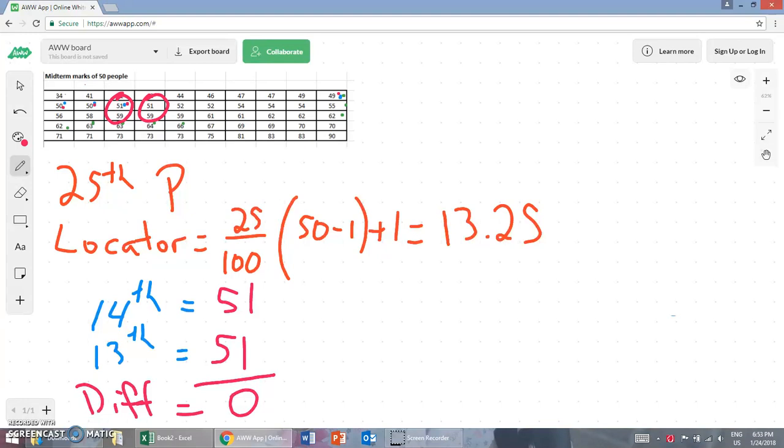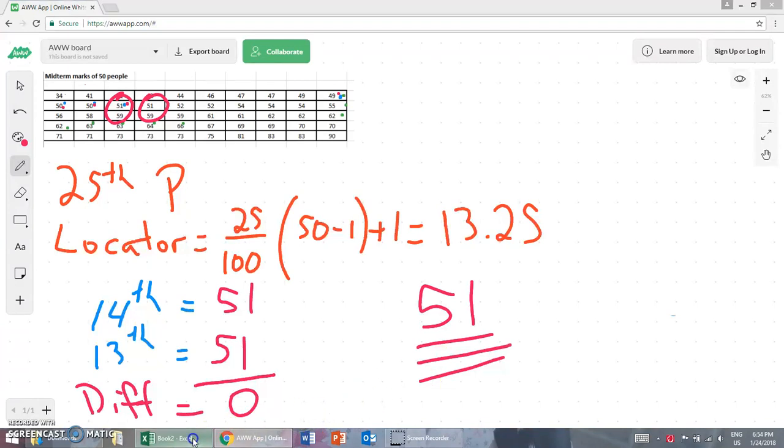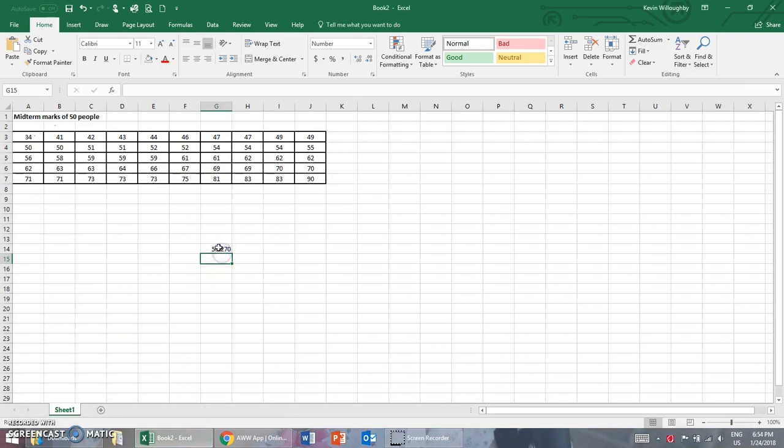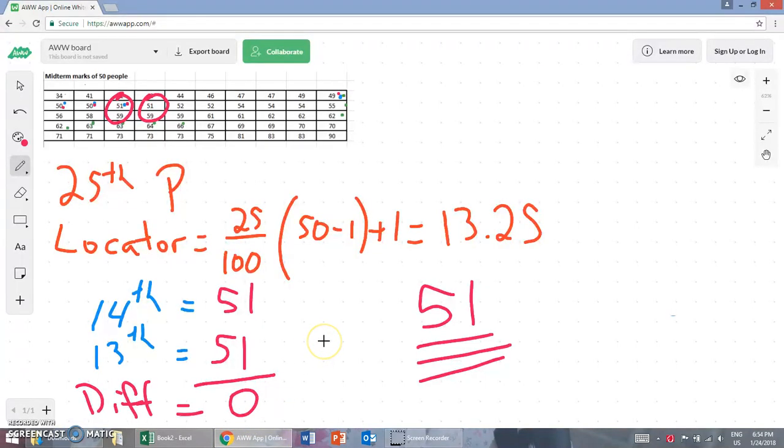So the 25th percentile equals 51. When both values are the same, that's where the percentile is going to be located. We can go back into Excel, into our percentile function, type in 0.25 instead of 0.23, and there is our 25th percentile, 51.